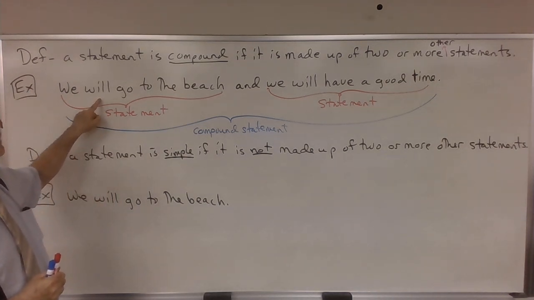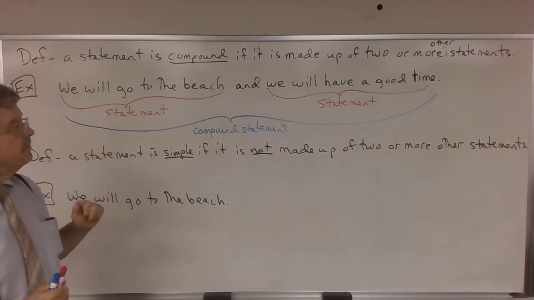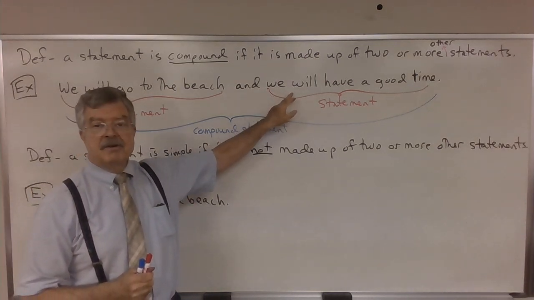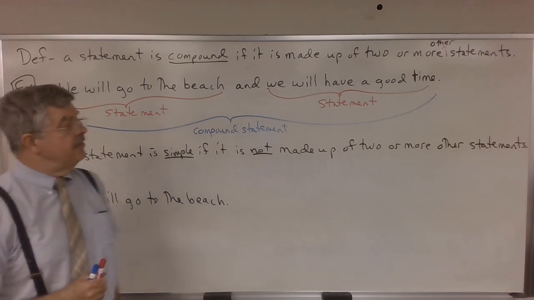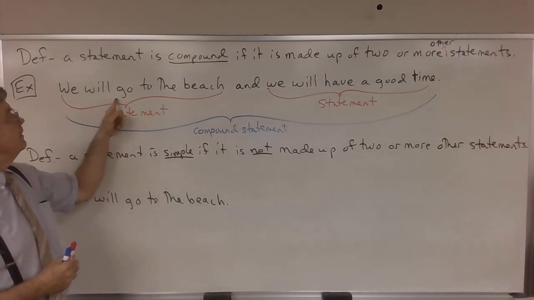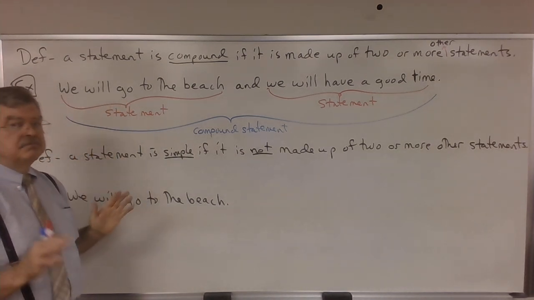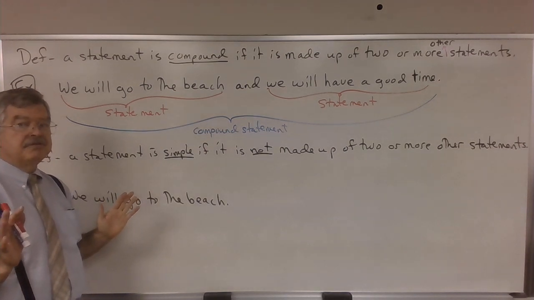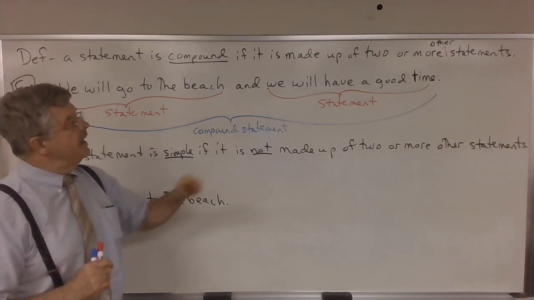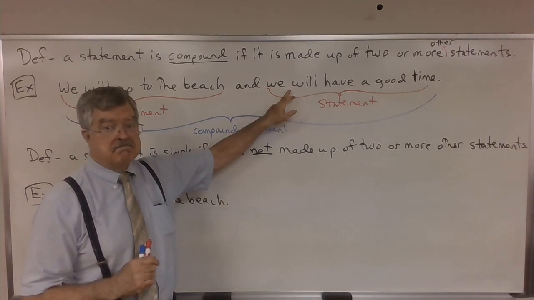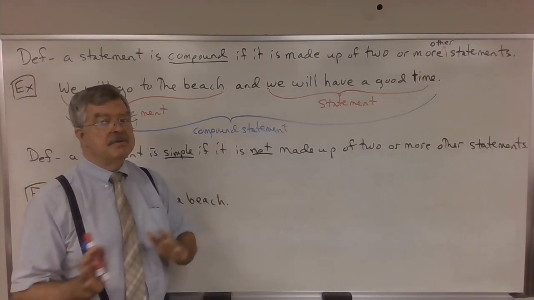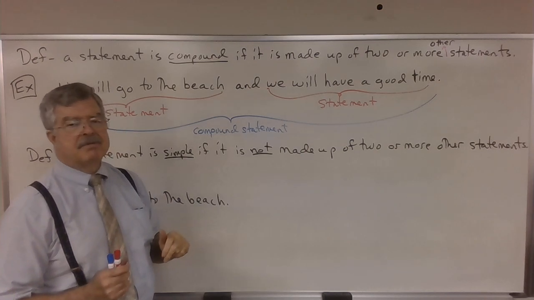It's made up of the statement, we will go to the beach, and we will have a good time. And these are statements, right? We will go to the beach. It's either true or it's false, and not both. And we will have a good time. It's either true or it's false, but not both.